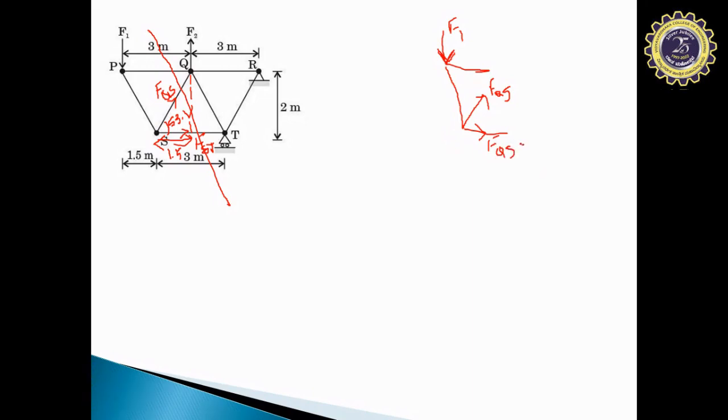Yes, it is cos theta because the angle is with respect to the horizontal axis, cos 53.1. Again, if we look at the y-axis resolved force, it will be FQS sin 53.1.